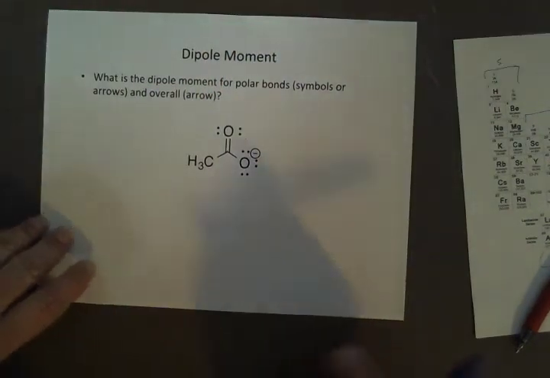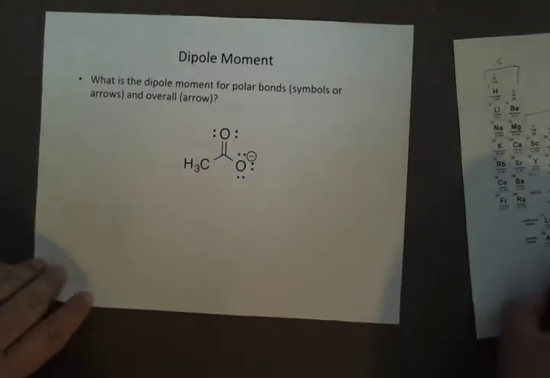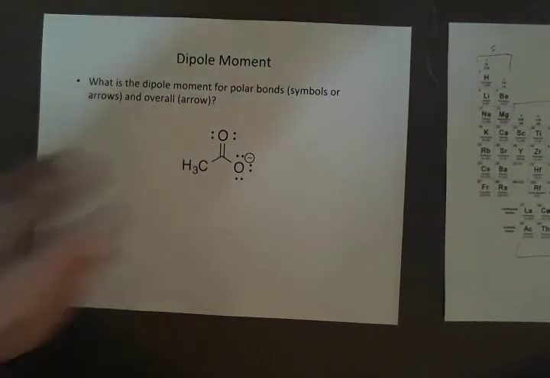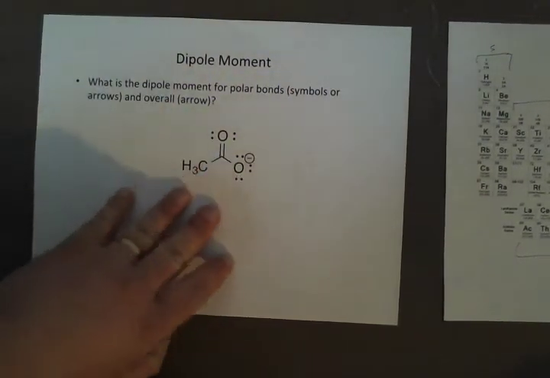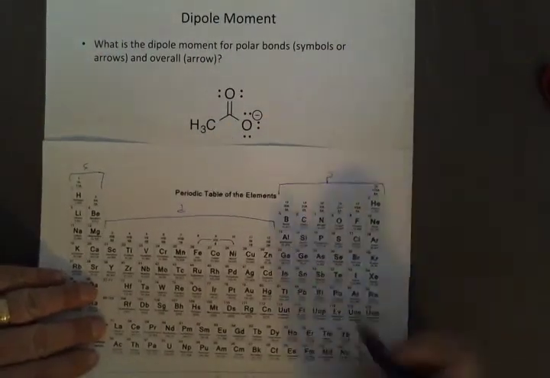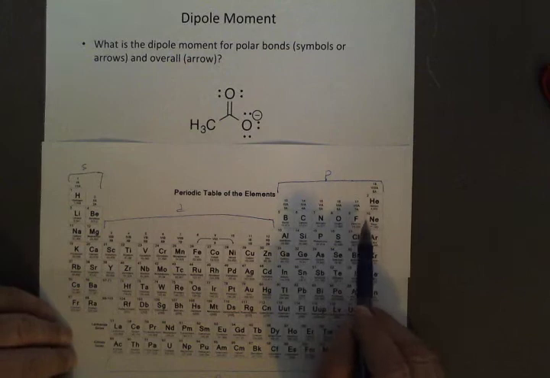Okay, now for dipole moment, what you're looking for is the electronegativity of this. And I'm going to give you the numbers for this. You don't have to memorize them, but you can always just look at the periodic table if you don't remember what the numbers are. The closer an atom is to fluorine on the periodic table, the more electronegative it is.